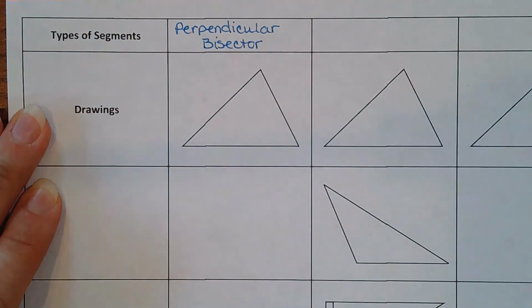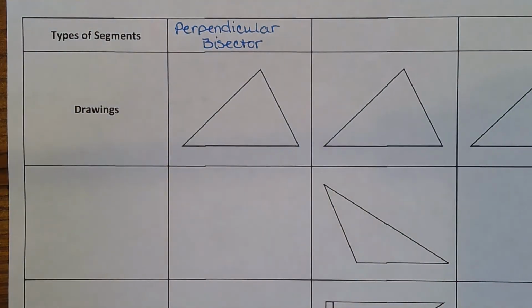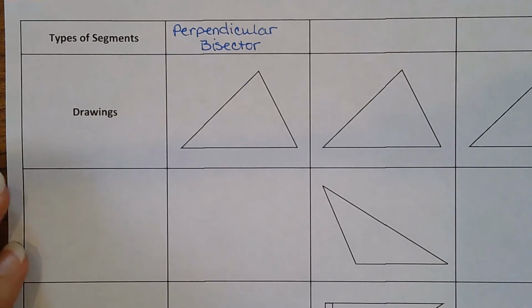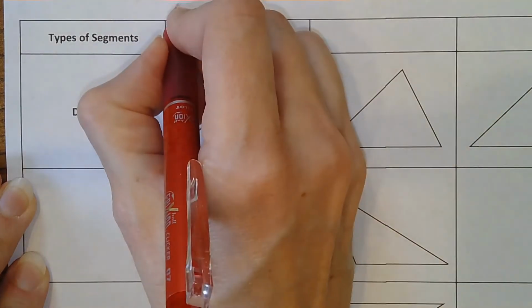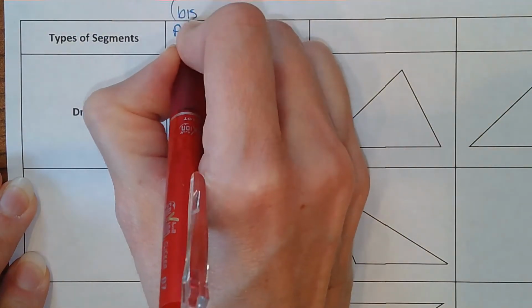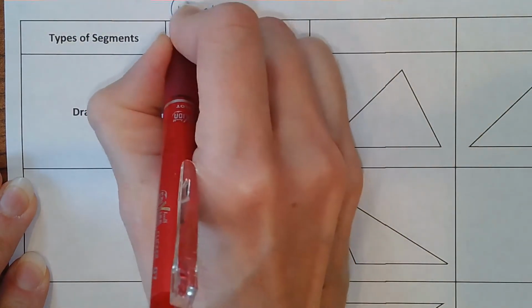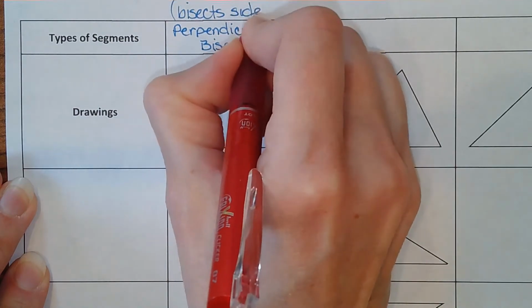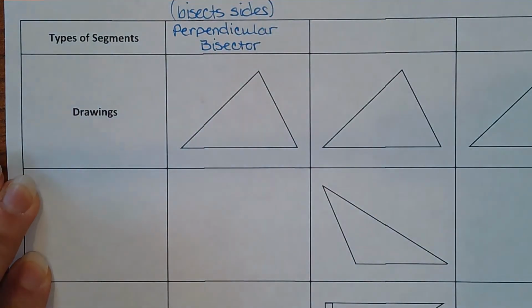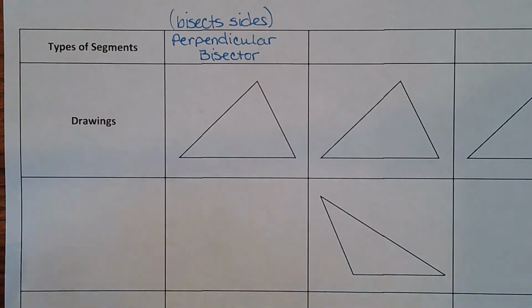Perpendicular bisector. Now, a perpendicular bisector is going to bisect the sides of your triangle. It bisects the sides. And maybe you want to write that up here: bisects the sides of your triangle.